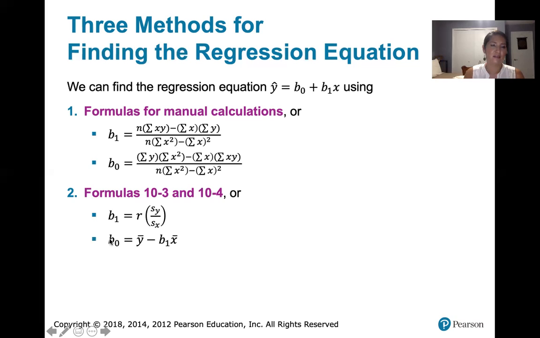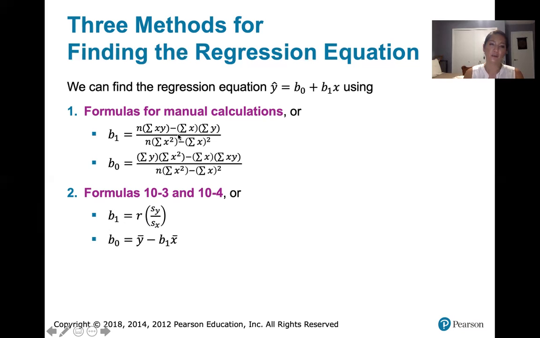So this says that the y-intercept, b sub 0, is the mean y value minus b sub 1, which you can calculate using this formula, times the mean x value. This is more succinct, this is nicer, but again, you can tell that b sub 1 and b sub 0 do depend on our data, because that r value depends on our data, and the sample standard deviations, of course, depend on our data set, and x bar and y bar depend on our data set.